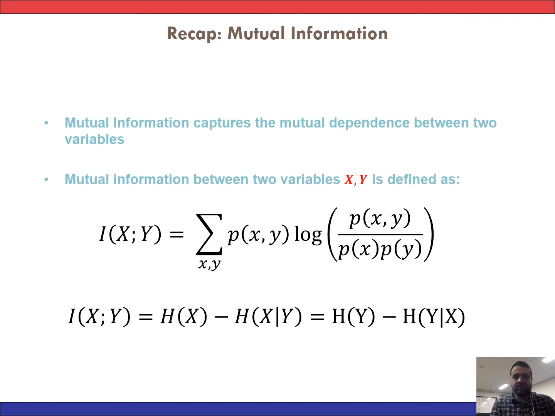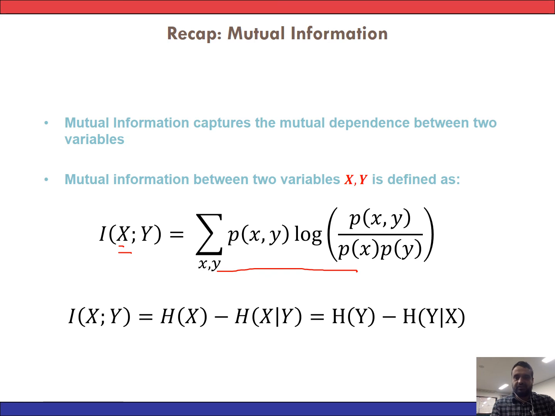So they use the concept of mutual information. How can we describe mutual information? Suppose there are two variables x and y: how are they correlated, and how much mutual information is there between these two variables? It is represented by this formula.